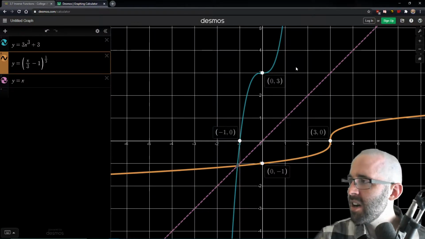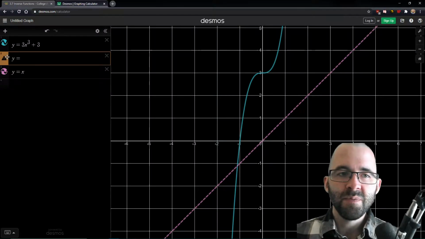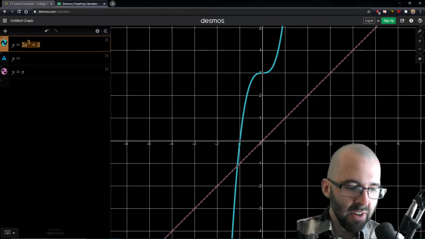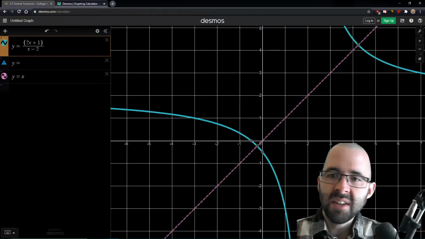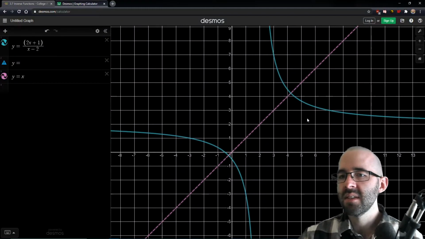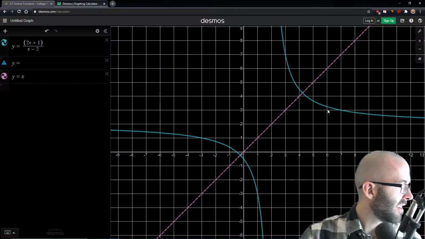Now, the last thing that we talked about in the last video is we said that the function 2x plus 1 divided by x minus 2, we said that function was its own inverse. And you can really see why right here.